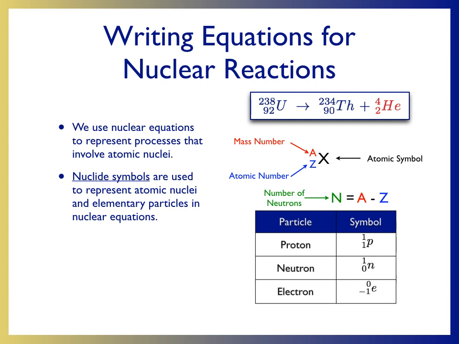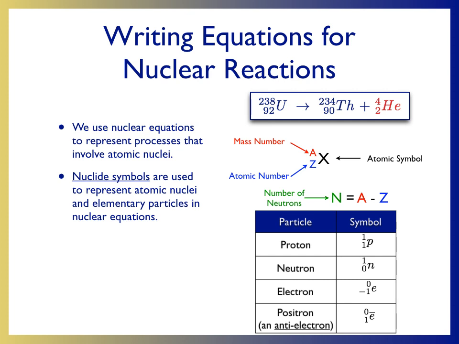For the electron, we use a lowercase e. Since electrons have a very small mass relative to protons and neutrons, we give it a mass number of 0. The atomic number, or the charge on the electron, is going to be a -1. Another particle that we'll encounter a lot in this chapter is the positron. The positron is the antimatter counterpart of the electron.